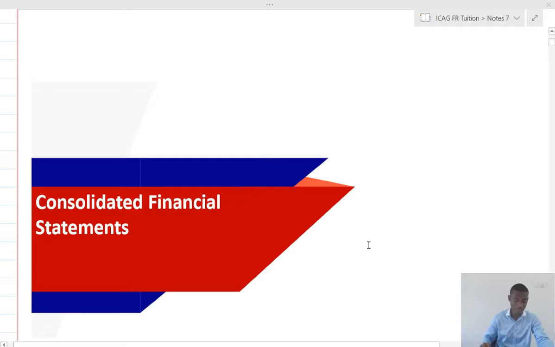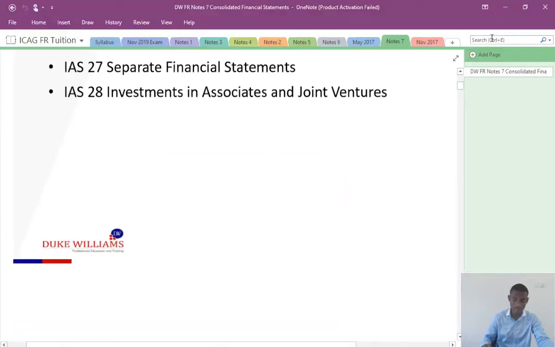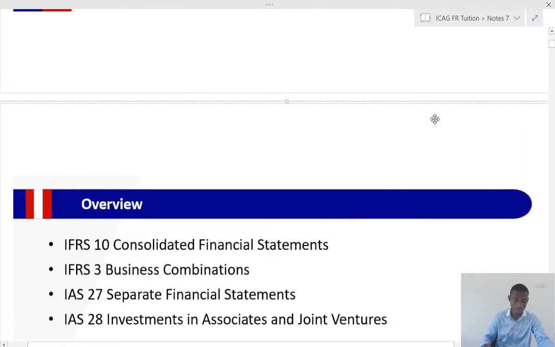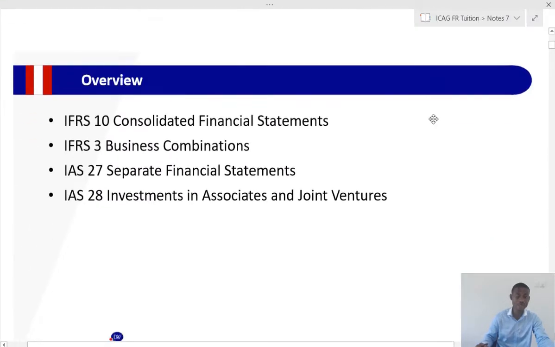So a recap of the standards that are relevant: we have IFRS 10, Consolidated Financial Statements. This standard provides guidance on how we consolidate. We have IFRS 3, Business Combinations, how we determine the fair value of assets at acquisition, how we determine goodwill or how we measure goodwill.